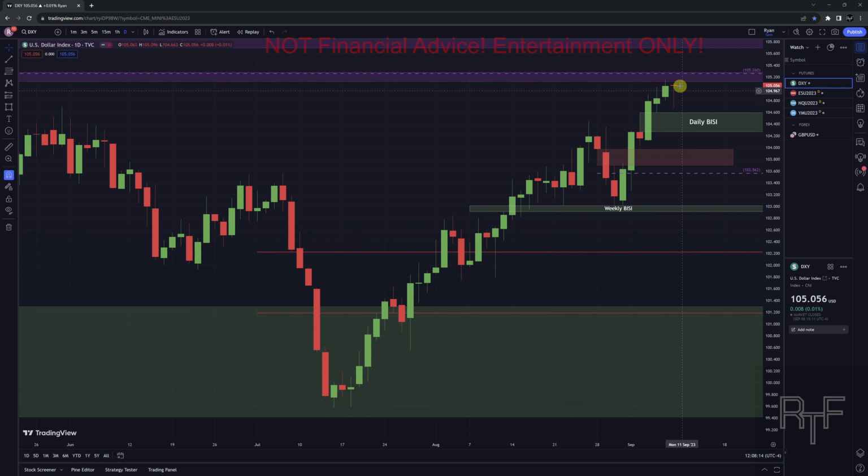So this is a good bullish sign for price to reach higher, but if we see more resistance from the daily volume imbalance, we have a daily BPR below us. If price retraces down there, I want to see this daily BPR act as support, launching price higher once it retraces. I don't want to see it broken. Now, if it does break, then I'll be looking for this old daily SIBI here in red to act as support.